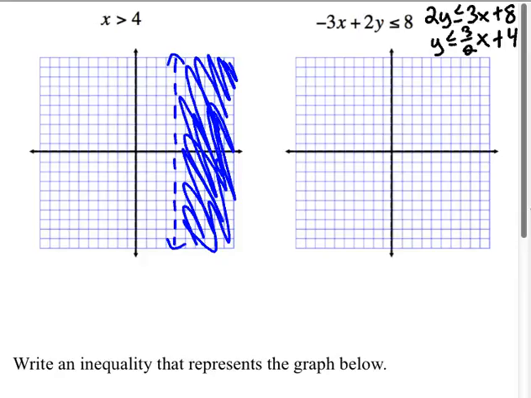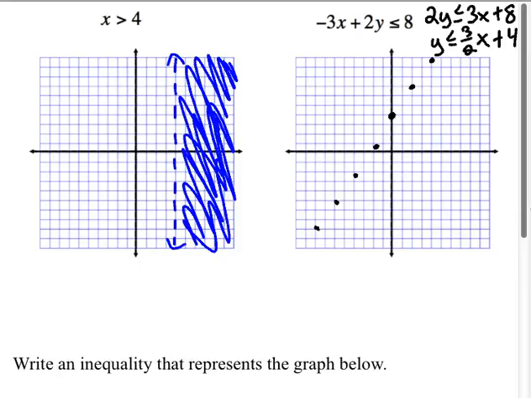So remember, start up at your y-intercept, slope of 3/2. So up 3 over 2, up 3 over 2, and then the exact same in the reverse. It's less than or equal to.